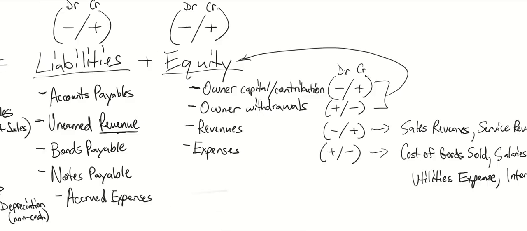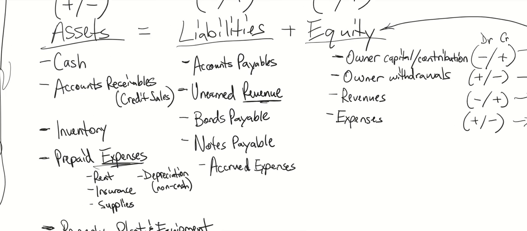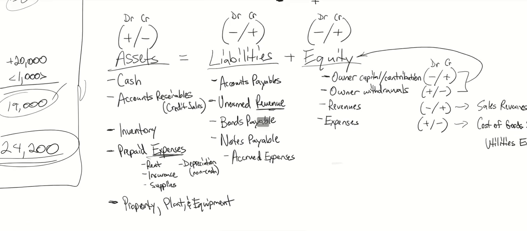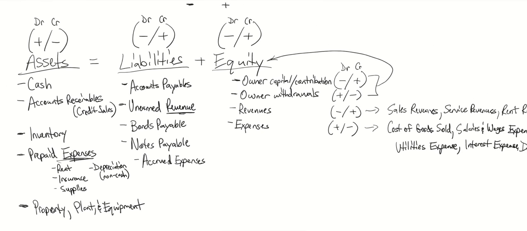So let me zoom out so you can get the bigger picture here. Yes. All right. And so what I'm going to do in the next video is now use the double entry system, which is the recording tool that is used to debit and credit specific accounts to increase the balance in those specific accounts, and just pretty much do a demonstration of the dual effect that each transaction has.